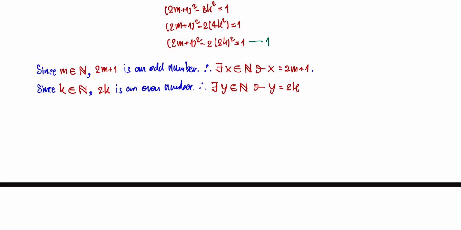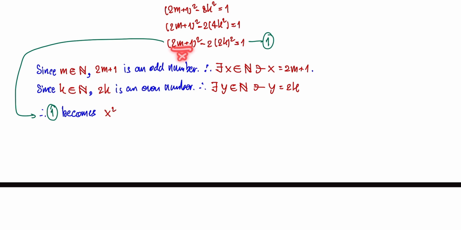Let's say this is equation 1. What does it become? It becomes x squared minus 2y squared equals 1, which is a Pell equation. So there will be infinitely many solutions.